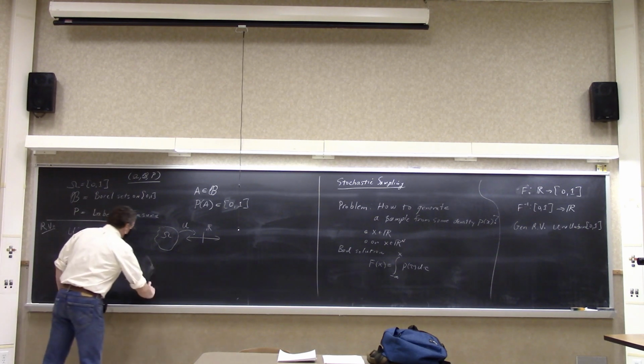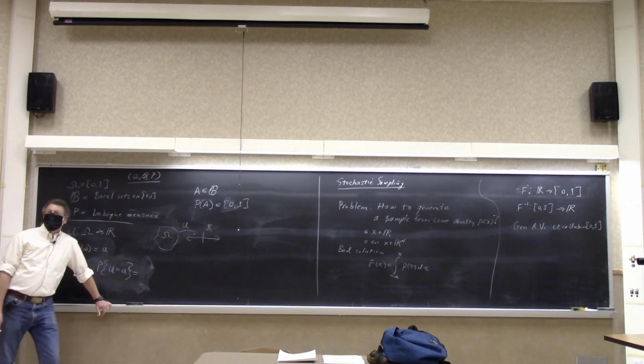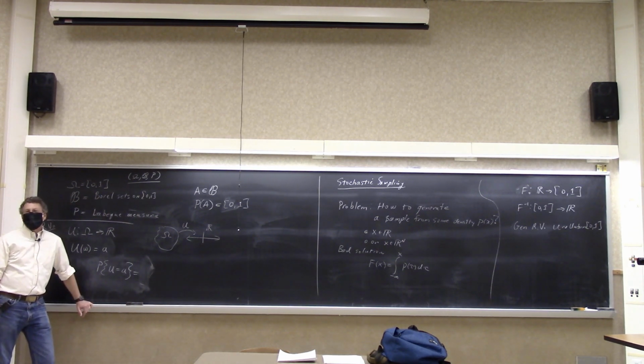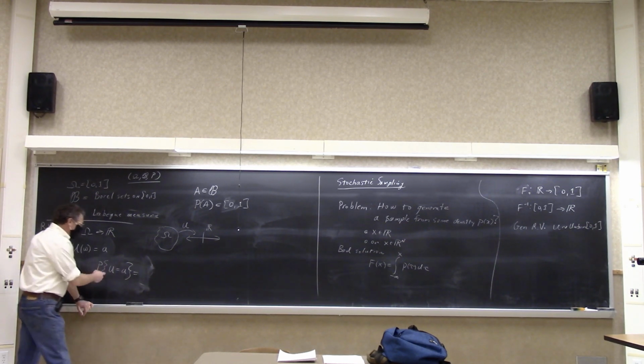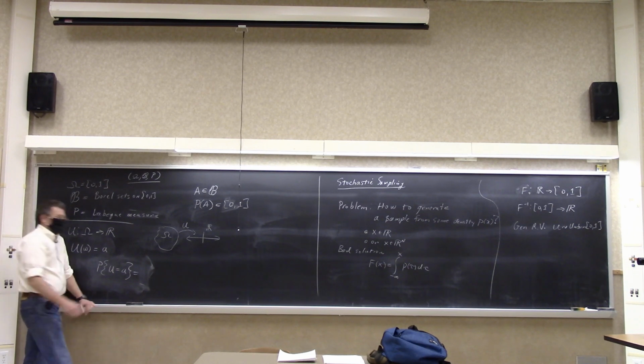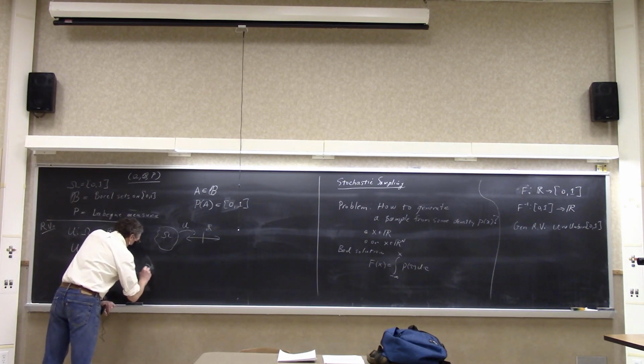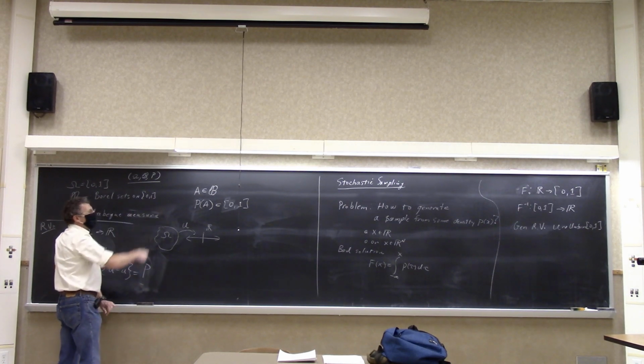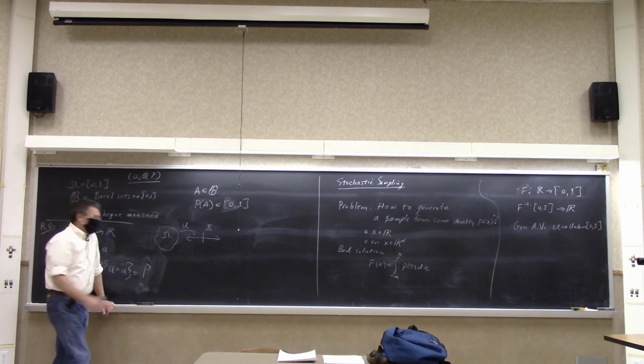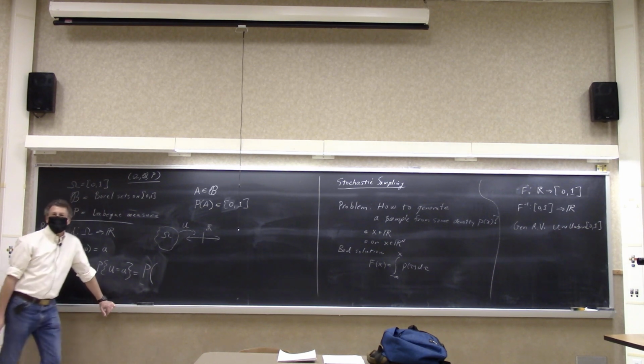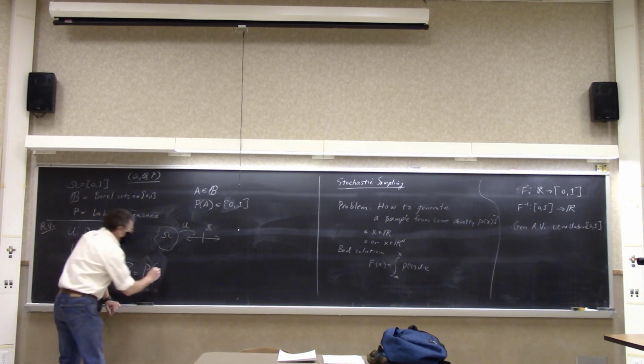Because what does this mean? You know, it's the simple things in life that are hard, okay? What does this mean? Why do I write that? It means the probability... Remember, probabilities are only applied to events. So I have to convert it to an event, okay? What is the associated event?